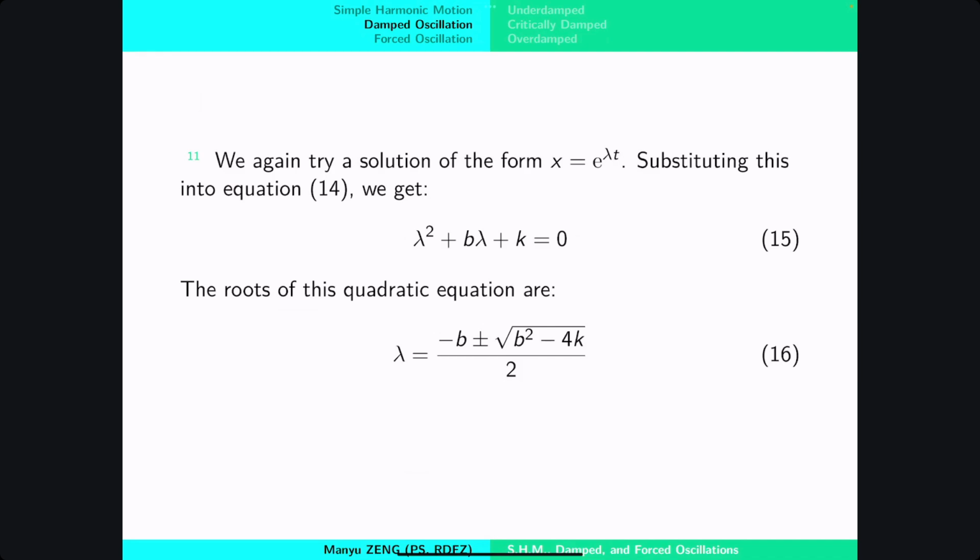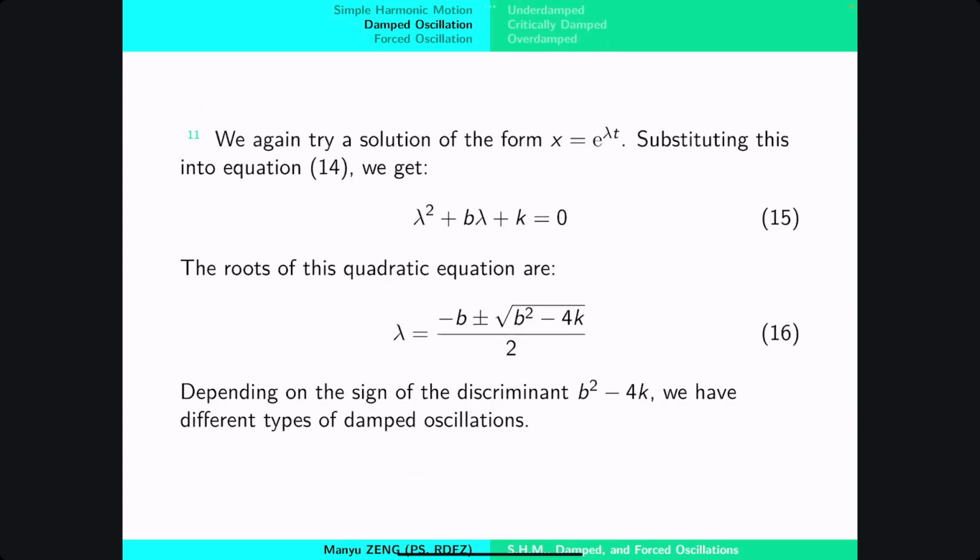There are two different real solutions, only one real solution, and no real solutions. So these three cases correspond to the three damped oscillations. So depending on the discriminant b squared minus 4k, we have different types of damped oscillations.